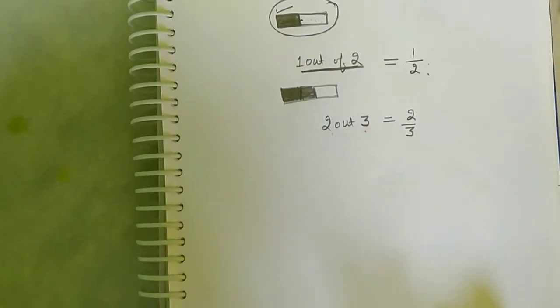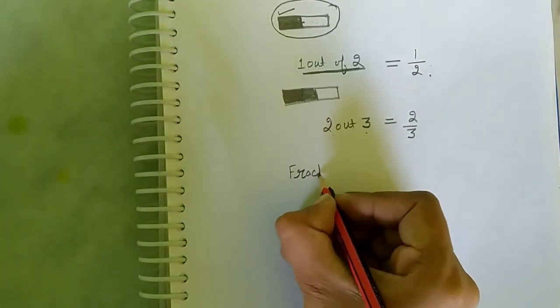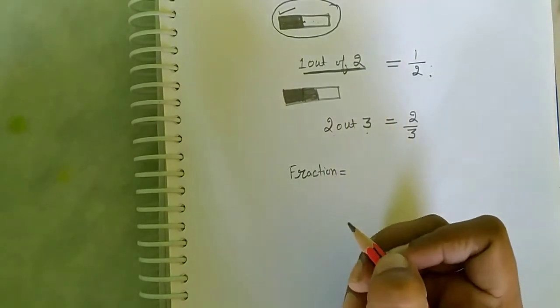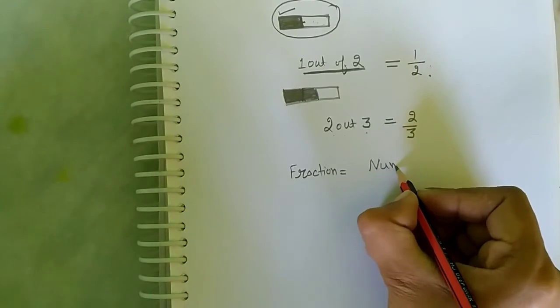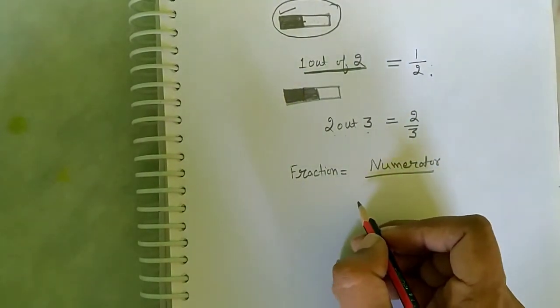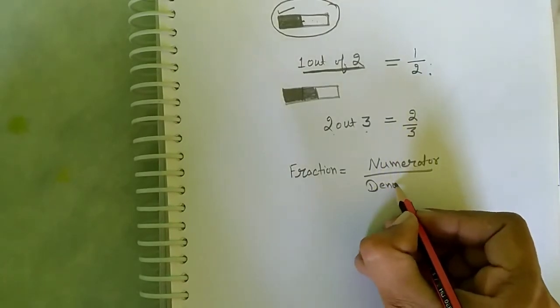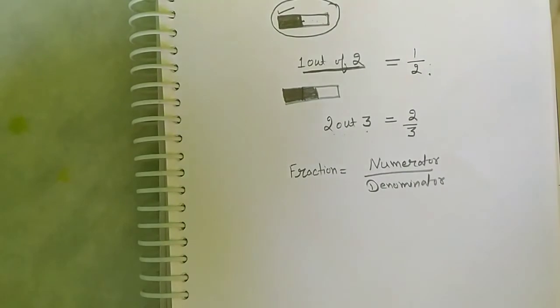So students, a fraction has two parts. A fraction has two parts, numerator and denominator. Numerator and denominator.